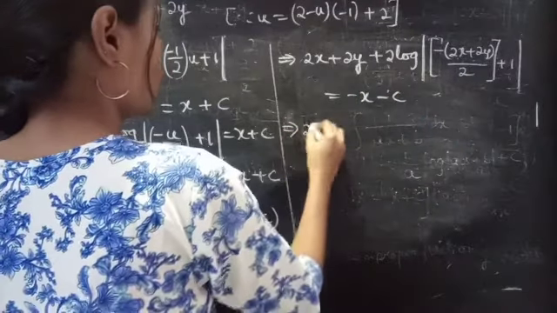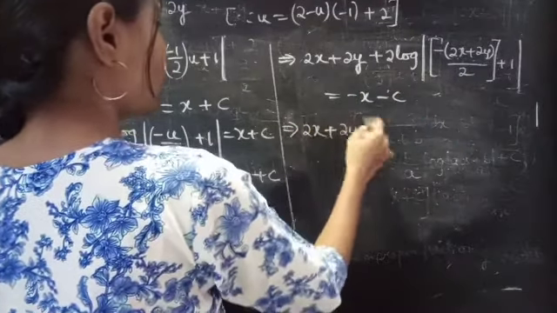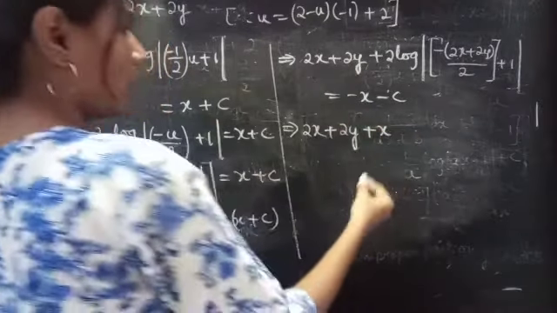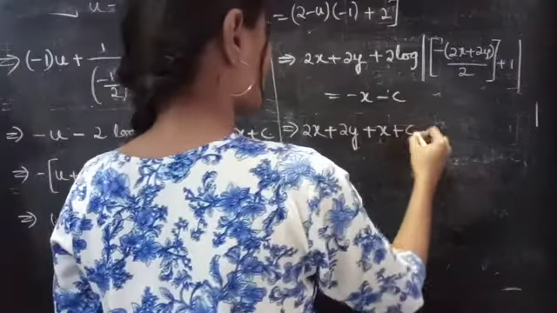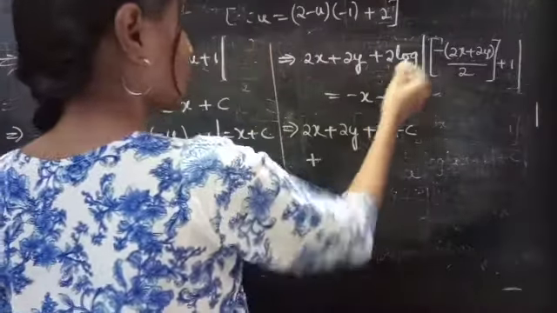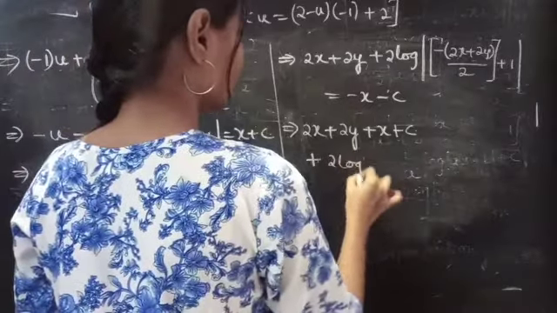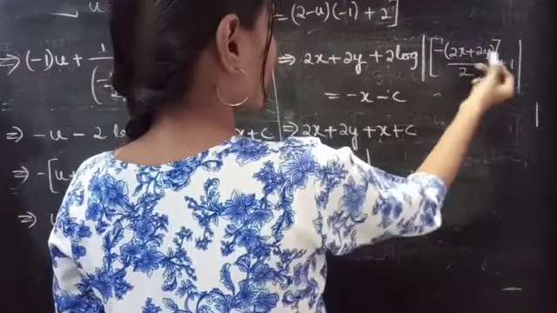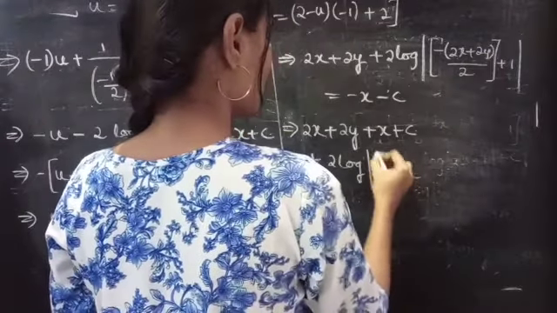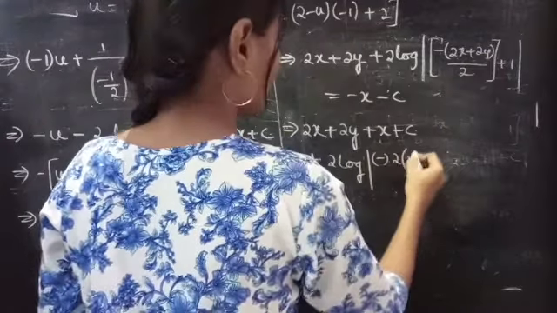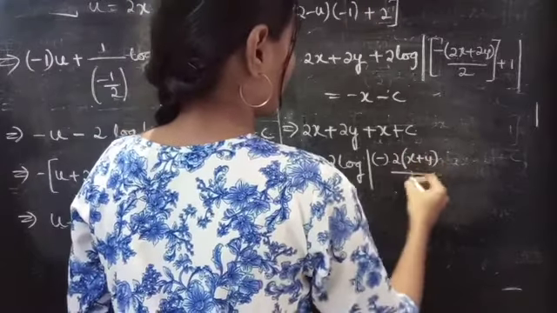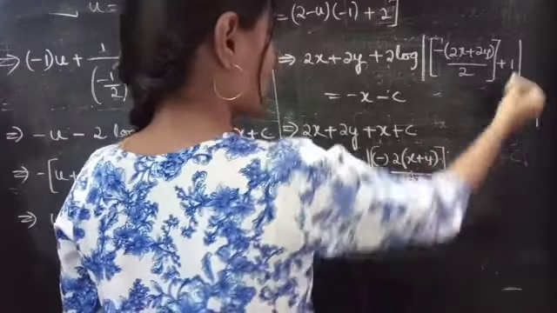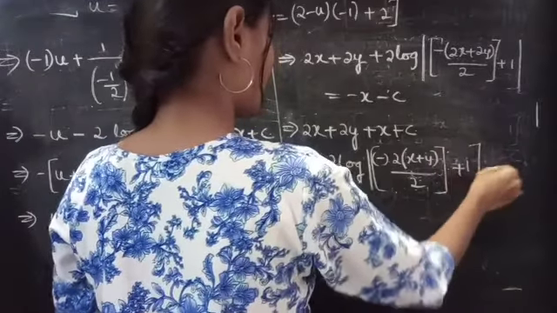Then take this minus x to the LHS, it becomes plus x, and also take this c, it becomes plus c, plus 2 log mod. Now you can take 2 common from the numerator: minus into 2 times (x plus y) by 2 plus 1 equals 0.